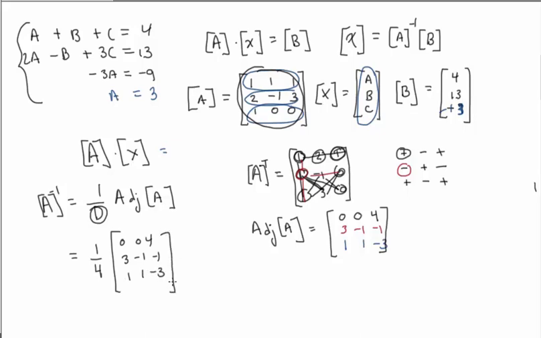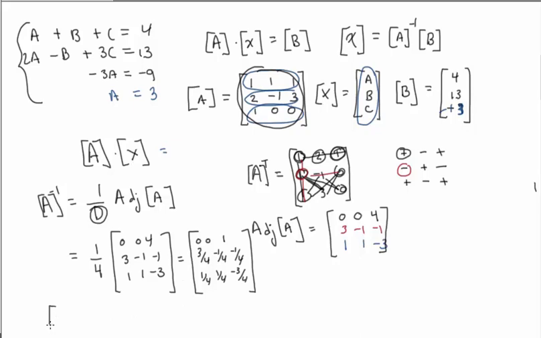That comes out to be the following matrix, the inverse matrix, which is 0, 0, 1, 3/4, negative 1/4, negative 1/4, 1/4, 1/4, negative 3/4. That's simply multiplying the 1/4 to all the elements in the matrix. So, easy as that, right?